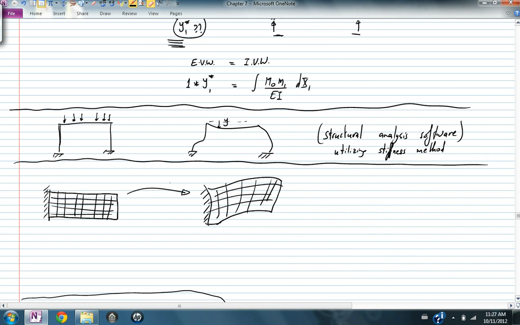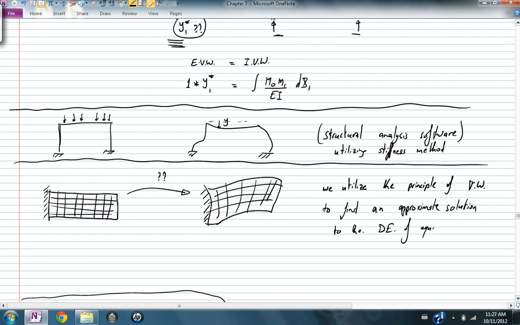To do this, we utilize the principle of virtual work to find an approximate solution to the differential equation of equilibrium.